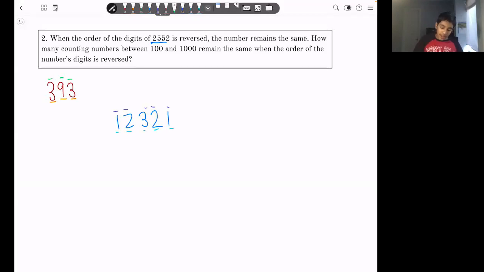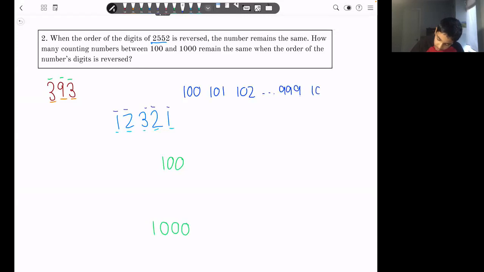And now we're asked to find how many numbers between 100 and 1000 remain in the same order when the number's digits are reversed, or essentially how many of them are palindromes. Okay, so from 100, we can have 100, 101, 102, up to 999, 1000.